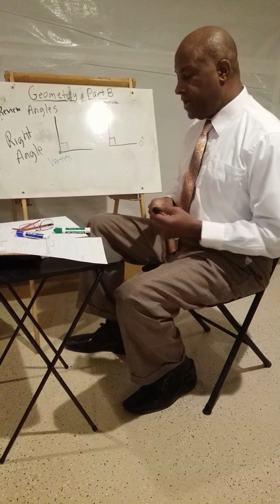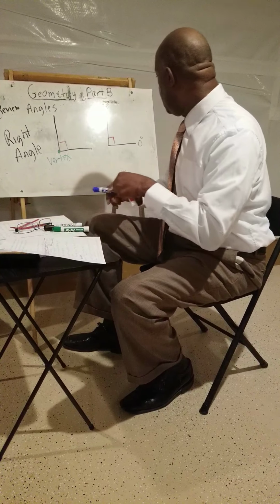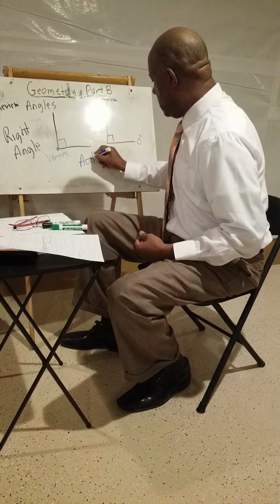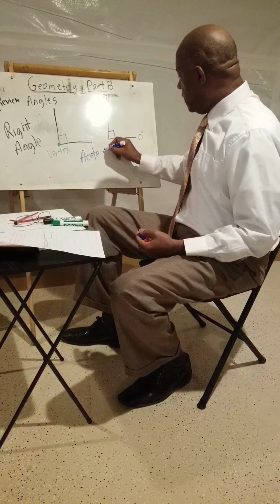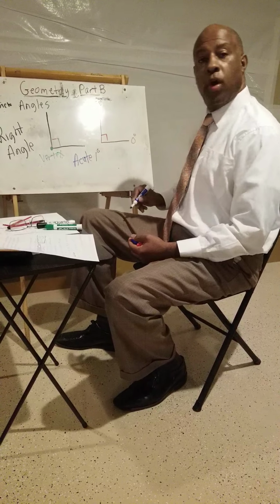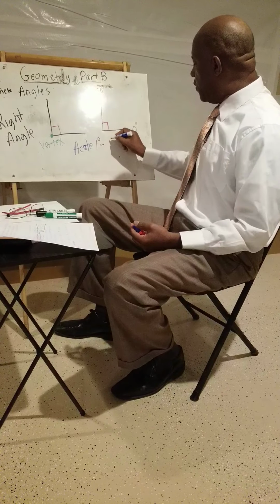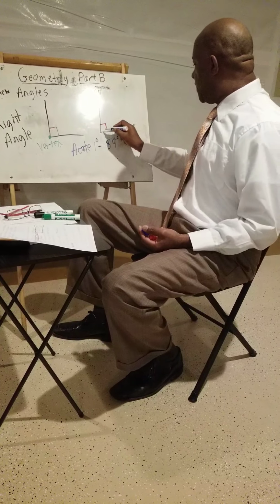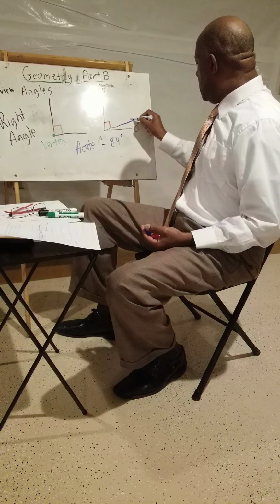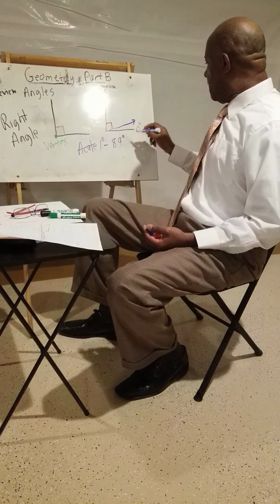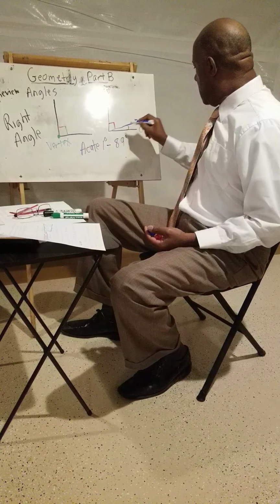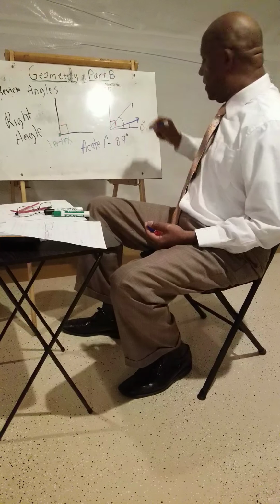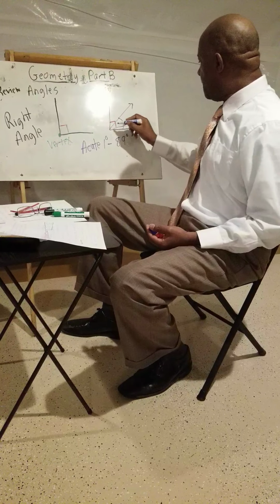So how did we determine an acute angle? An acute angle was any angle starting from 1 degree all the way up to 89 degrees. That's an acute angle because it's still not 90.